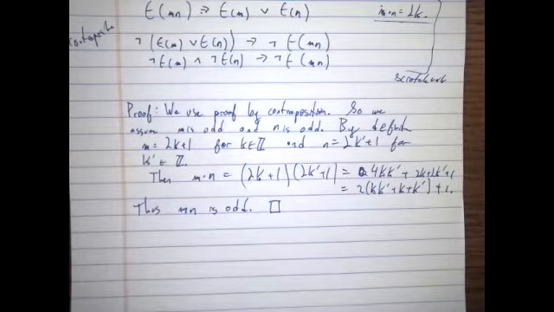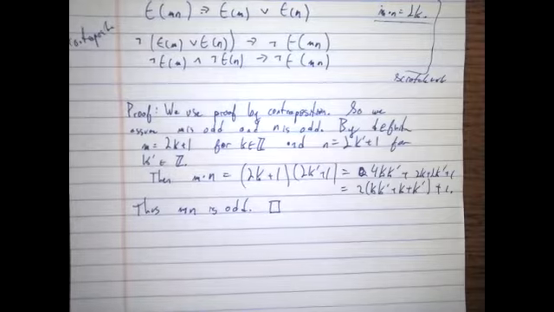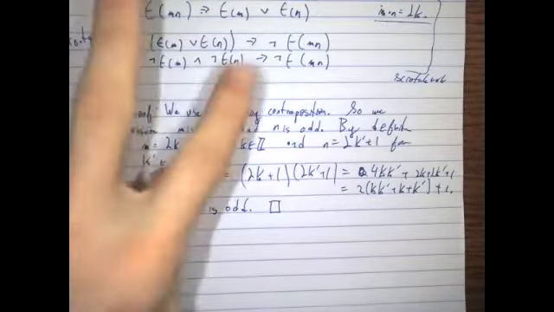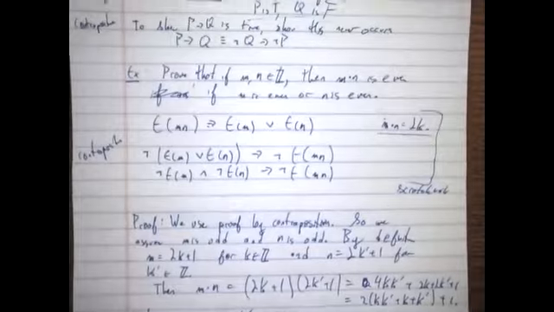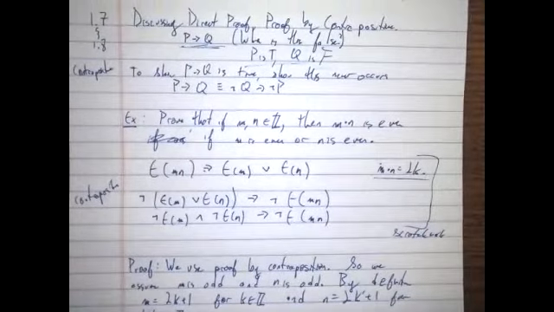I think that this was, I mean, the proof by contraposition is really just a direct proof when you are switching around, you're using the contrapositive on the implication. So I think that this shouldn't be too strange to y'all.